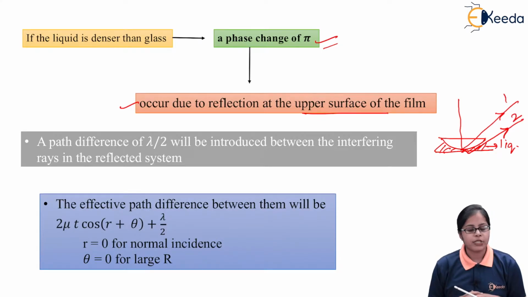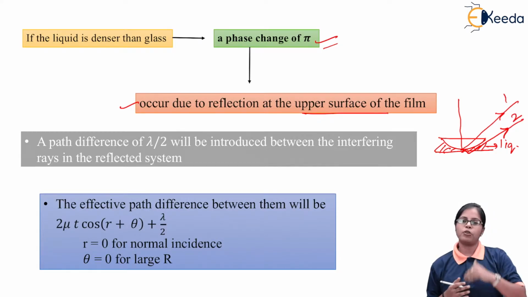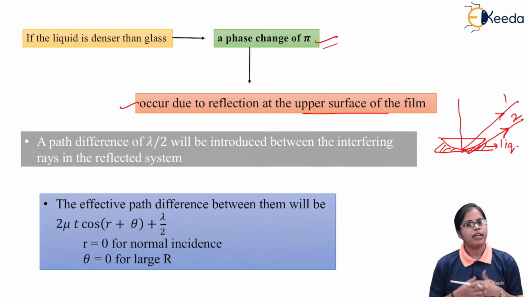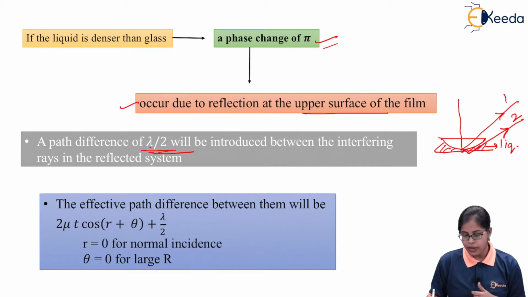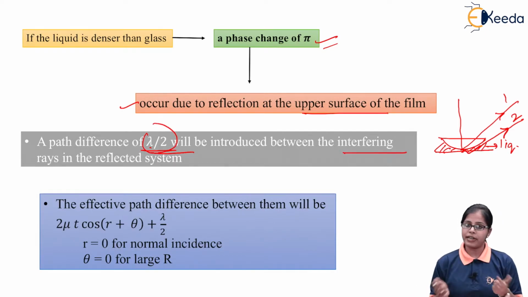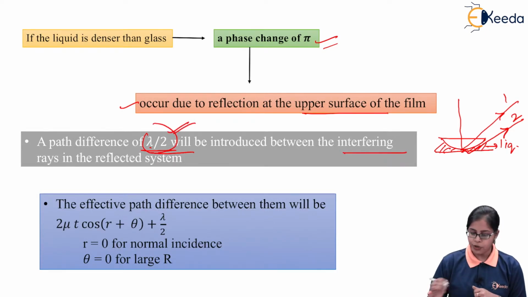The reflected lights from the lower surface and the upper surface interfere with each other, and they have a certain path difference, which is nothing but lambda by 2.